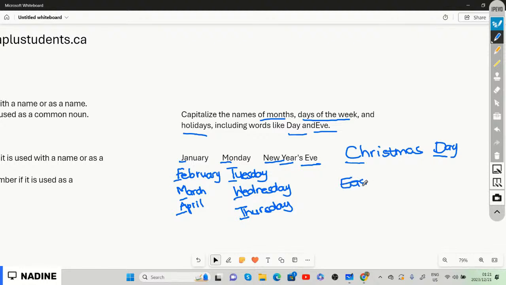Easter, we capitalize, right? So we basically capitalize the names of the months, days of the week, as well as holidays. And do not forget to also capitalize the words like day and eve when we capitalize the holidays.